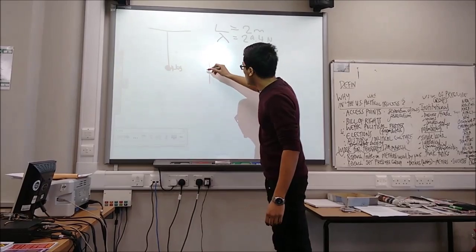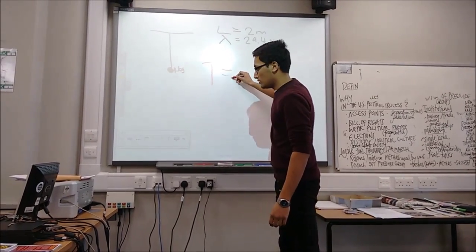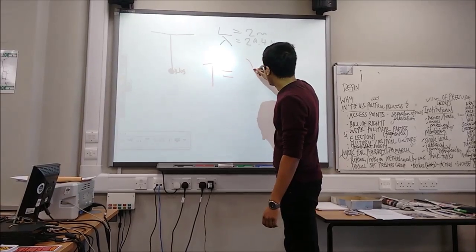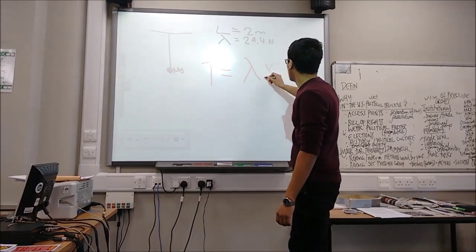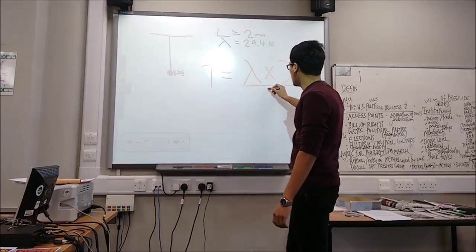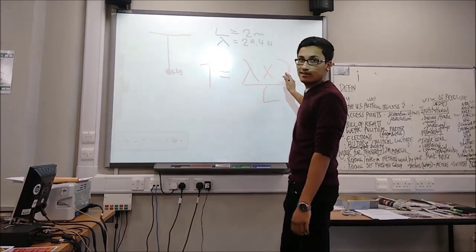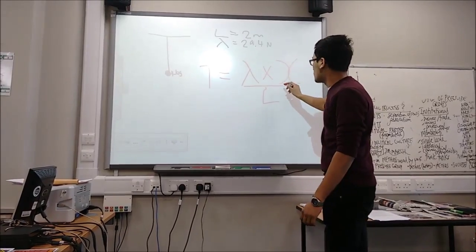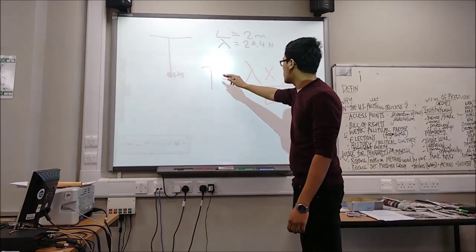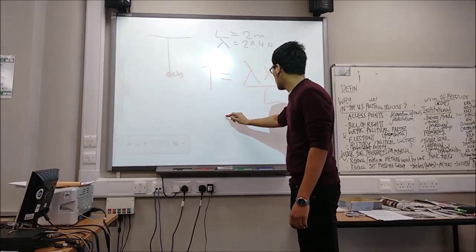Right, so tension is equal to the modulus of elasticity times the extension divided by the natural length. Now we're going to be trying to find out the extension here. So we're going to rearrange the equation so we get L times tension divided by lambda is equal to x.